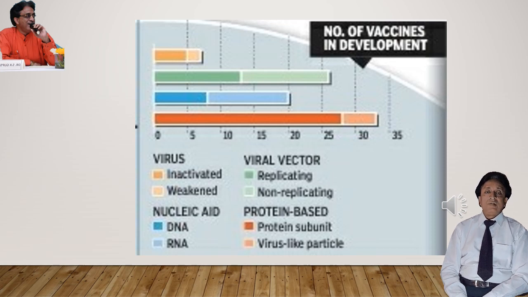About 28 teams are working on the viral vector vaccines, and they are pretty popular. And about 20 teams are working on the nucleic acid vaccines, and about 33 teams seem to be working on the protein subunit or the virus particle vaccine.